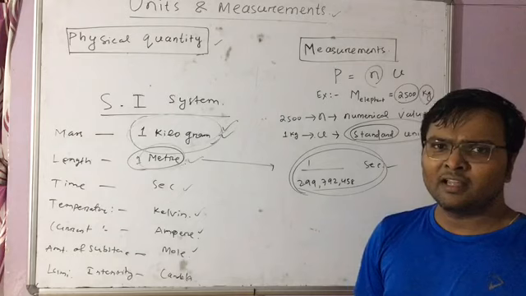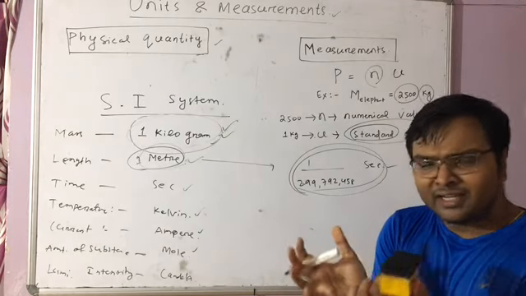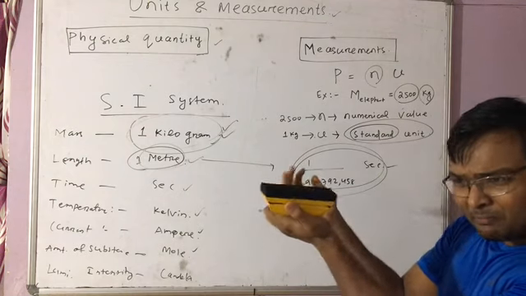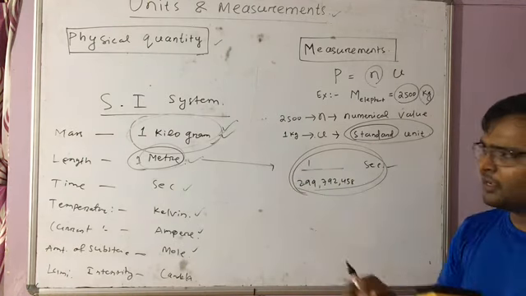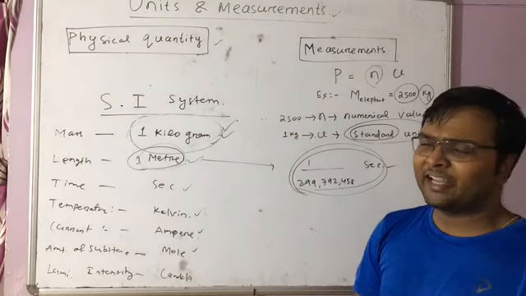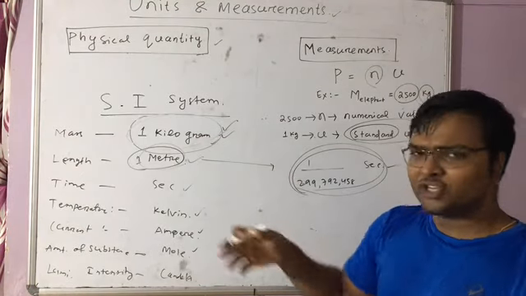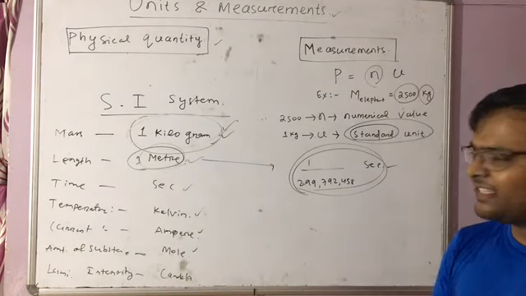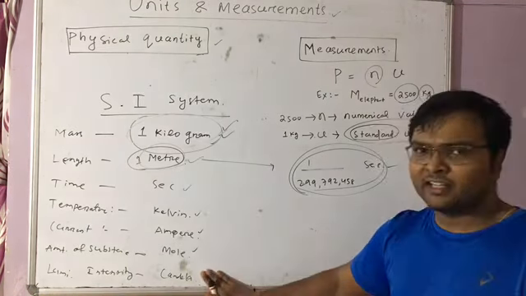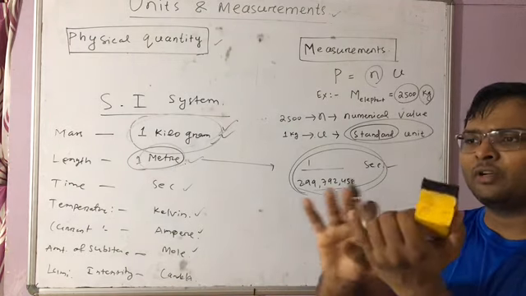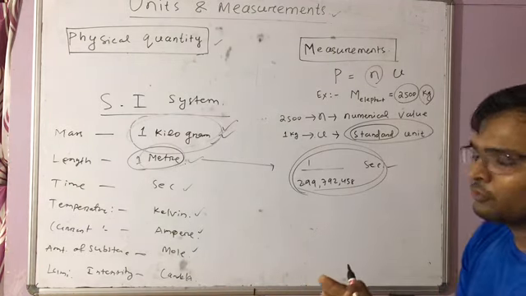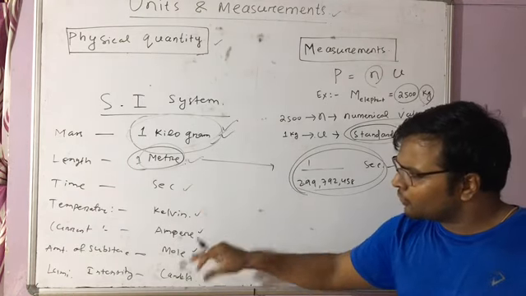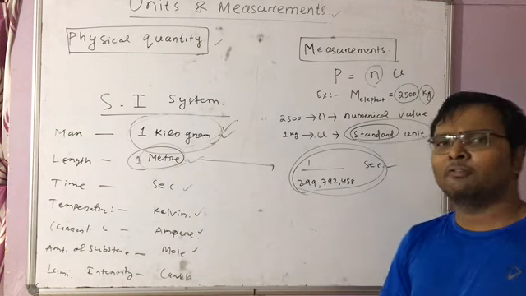Whatever mass is contained in that object, cut from the platinum iridium alloy, is called 1 kilogram. These two definitions are simple to understand, that's why I explained them. But the others are more complicated, because to define them you must have an idea about the entire physics syllabus, which is not possible now. As time passes, you will get to know the exact definitions of all these physical quantities.